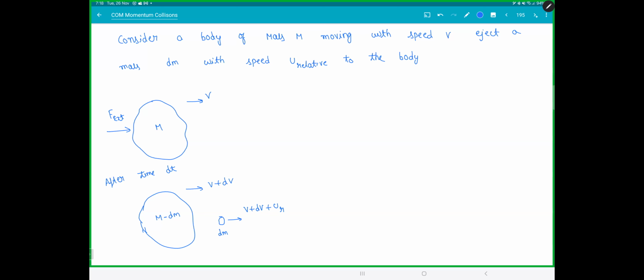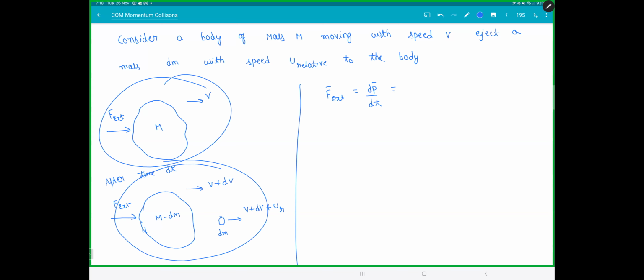I'm taking everything positive, the signs will take care of themselves. This is F external. Now Newton's second law says F external is change in momentum by time. So what is change in momentum?